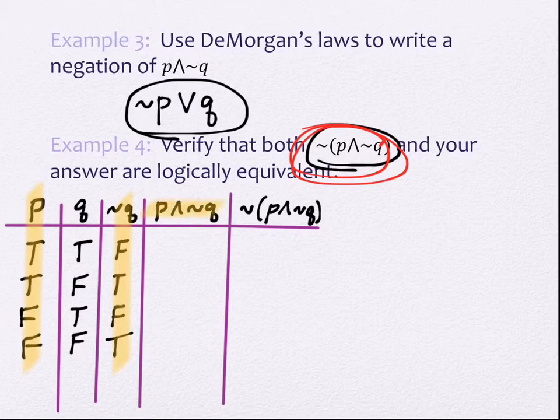We need P and tilde Q. When is a conjunction, an and statement, true? When they're both true. So in the first row I have true, false. That would be false. The second row I have true, true. That would be true. Third and fourth row are both false in the P column, so they are both false.